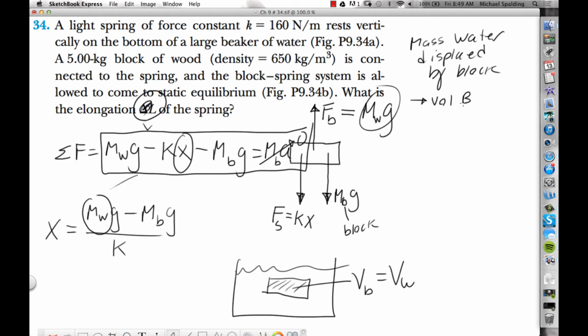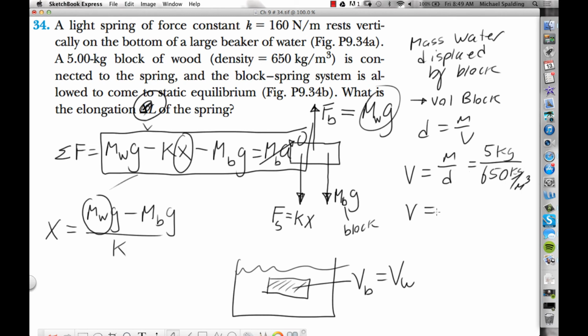So we first got to find the volume of the block. What's the volume of the block? Okay, how do we find volume of the block? Well, density equals mass over volume. So what's volume going to equal? Mass over density. So the mass of the block is 5 kilograms. The density of the block is 650. That's a given.